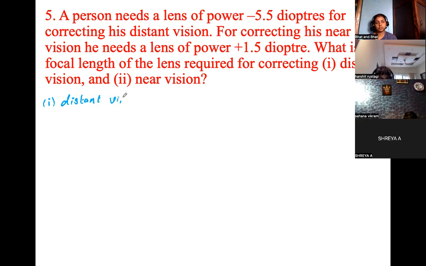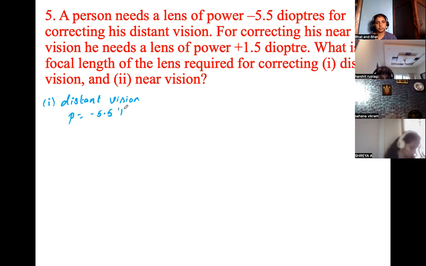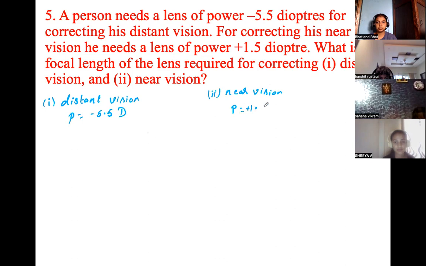For distant vision, what is the power given? Minus 5.5 diopter, correct? And for near vision, the power is given as plus 1.5 diopter.